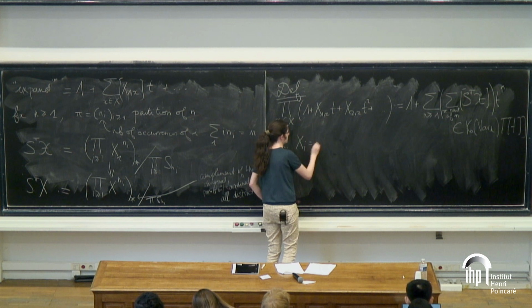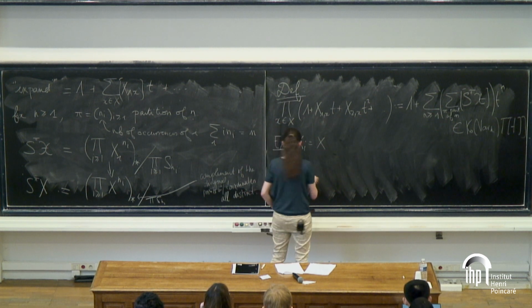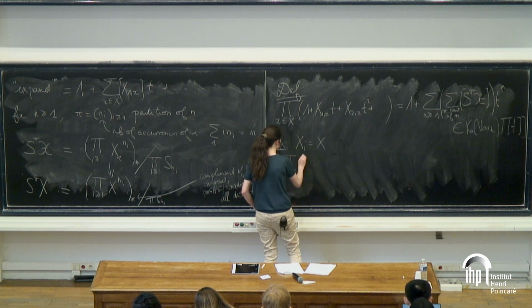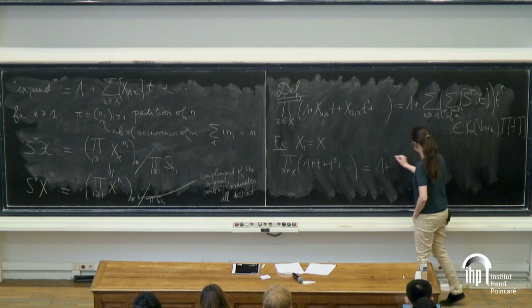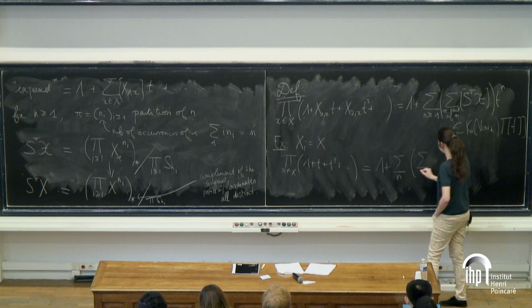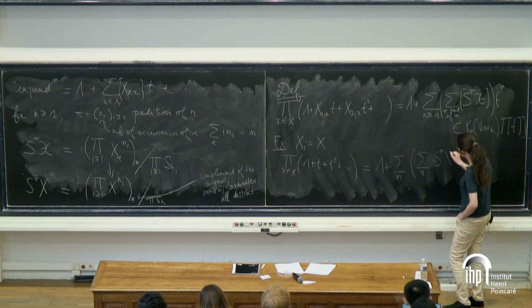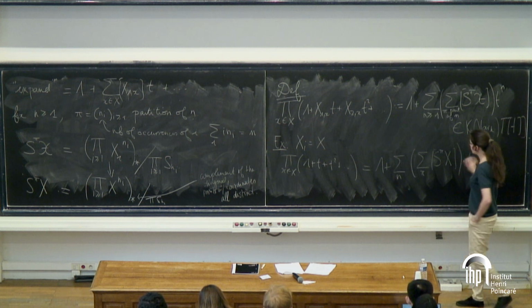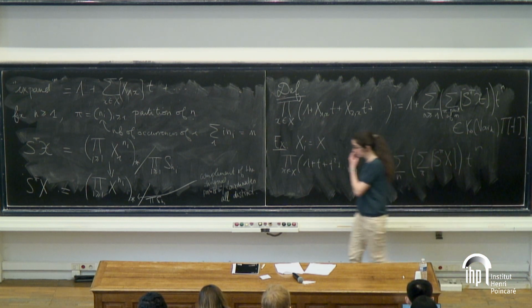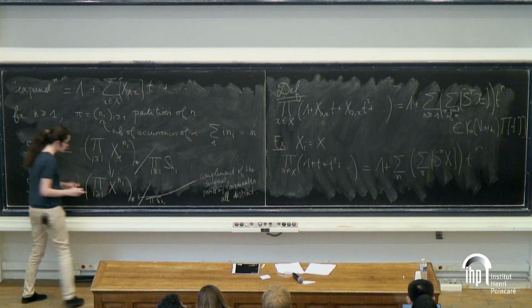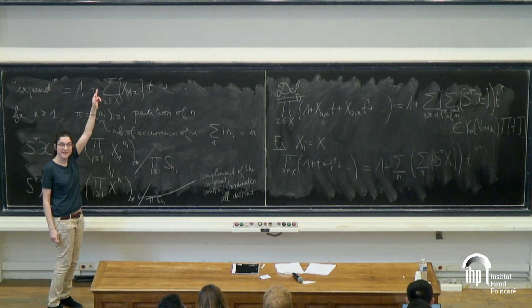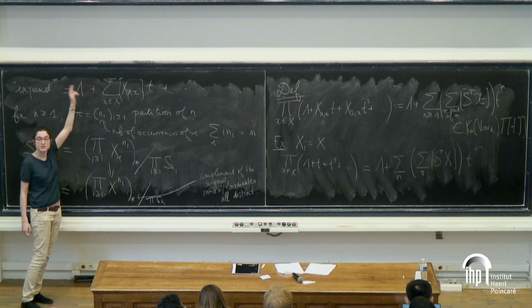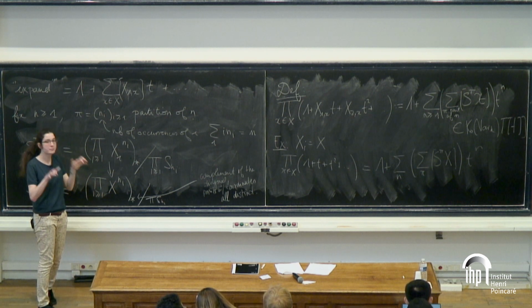So if X_i equals X for every i, then what we get here is the sum over all S_pi straight X. And this actually is just the locally closed subset of the symmetric power S^n X that corresponds to effective zero cycles of degree n, the coefficients of which have partition pi, given the partition pi of n.